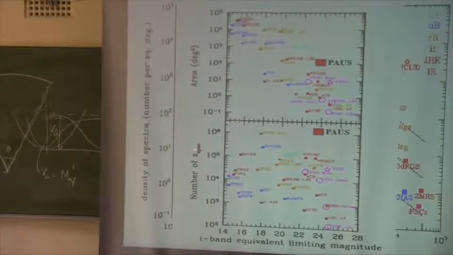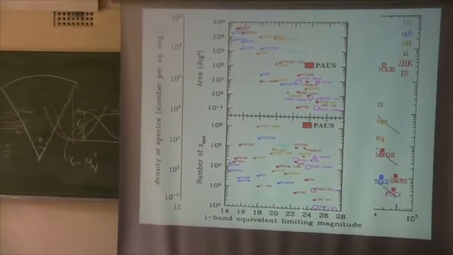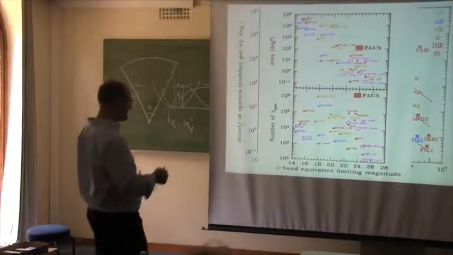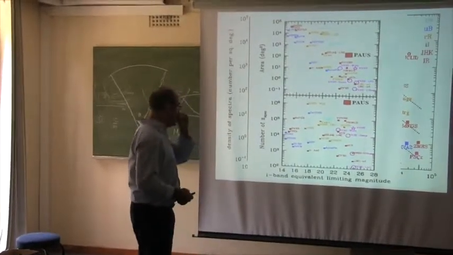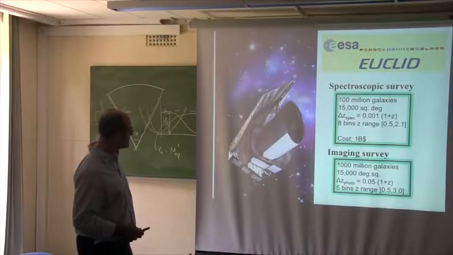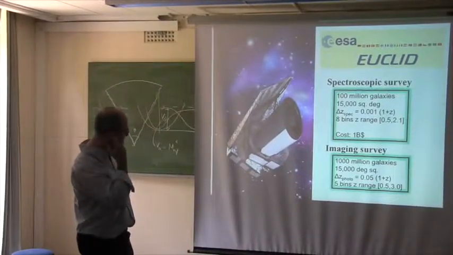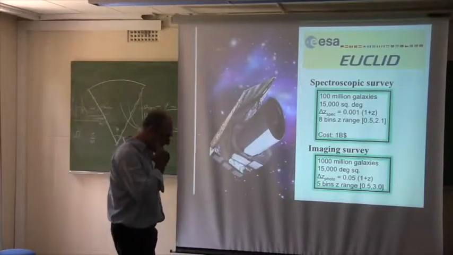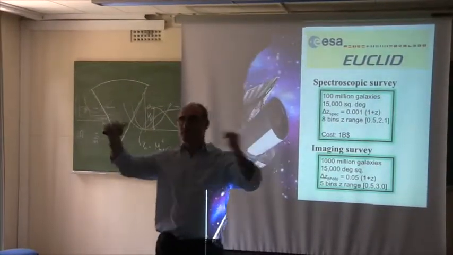Area and number of spectra. So it's very well located within the other surveys. So in principle, we should be able to get extremely good results, and I hope within the next few years results will come out. Of course, the ultimate thing will be having a full sky survey called Euclid.